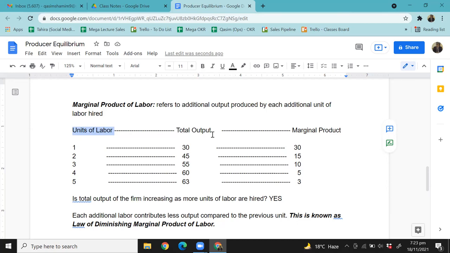What is the total output produced after hiring each unit of labor? The first row shows that after hiring the first person, the total output of the company was 30 units. After hiring the second person, the total output went up to 45, and then 55, then 60, and then 63.